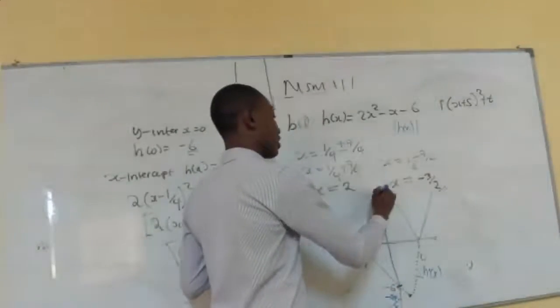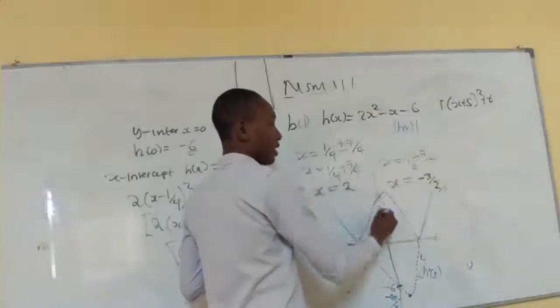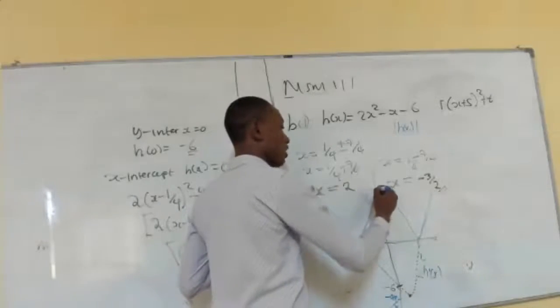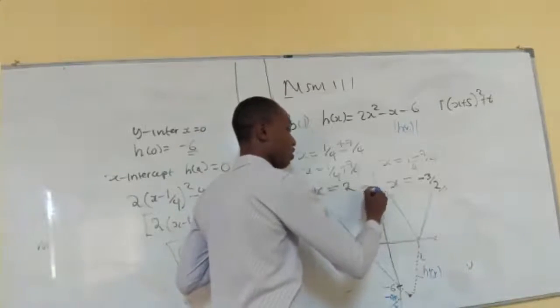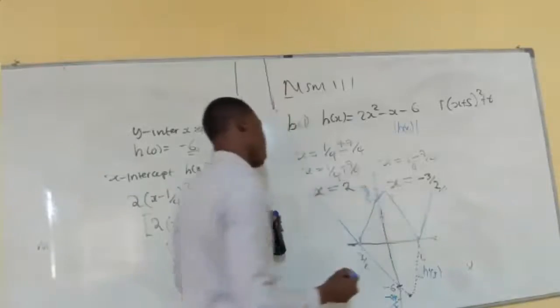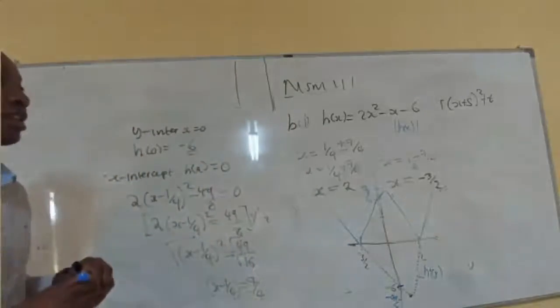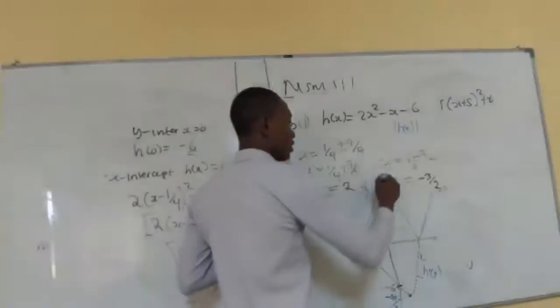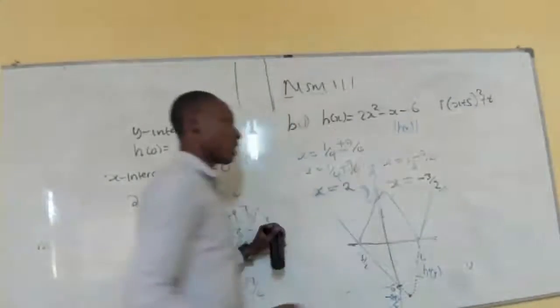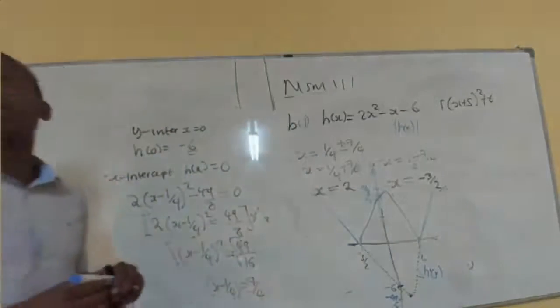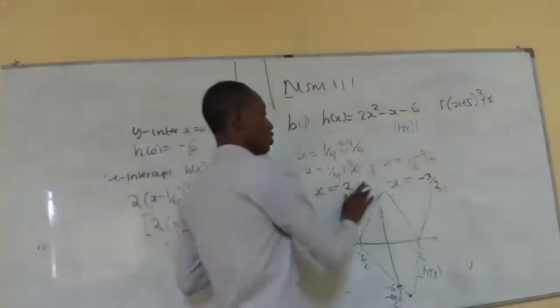So yeah, we have something like this. So this is now positive 6, and this is positive 49 over 8. So this is what you have as your graph. Now this is the y part, that's the x part.